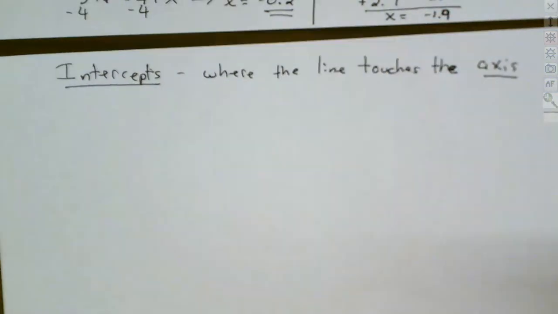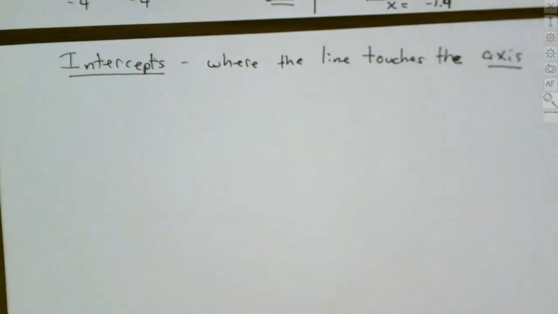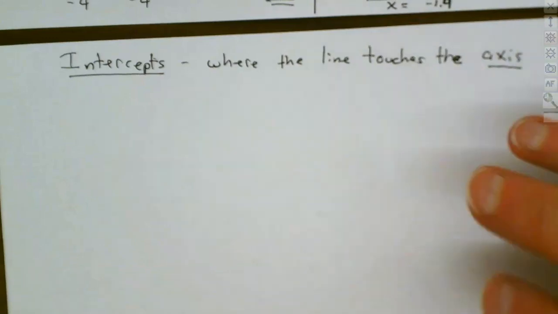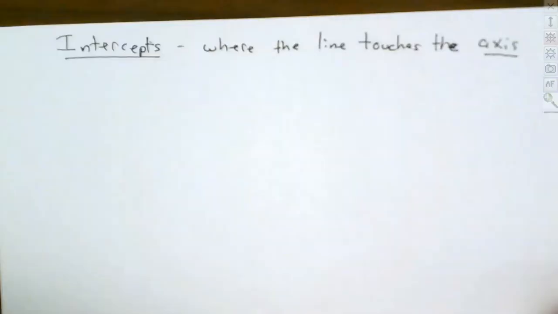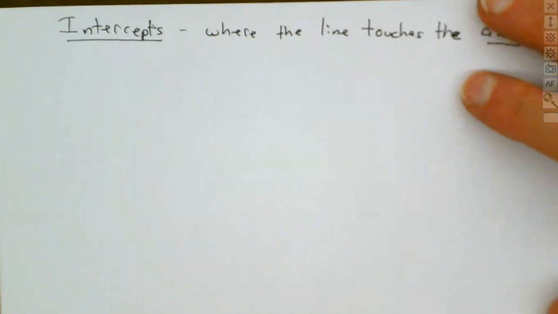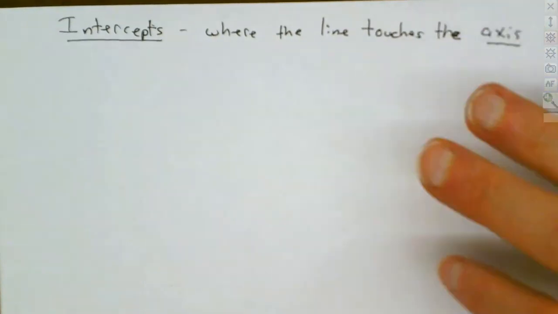In many cases, we have both an x and a y-intercept, but sometimes we only have one or the other. So I'm going to give you some pictures to look at first so we can visually see what intercepts are, and then we'll find them.